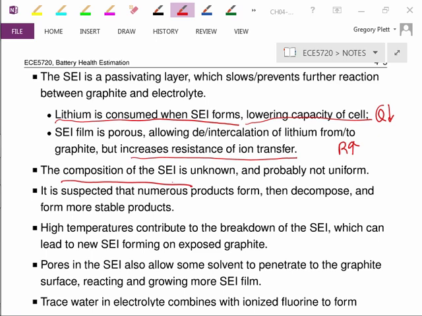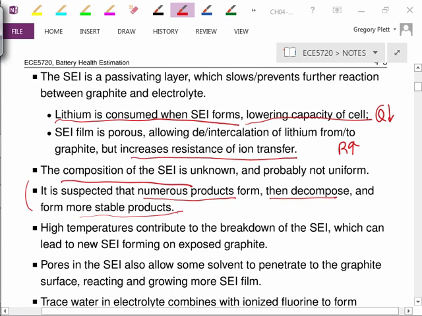It seems that there's evidence that first there's some initial products that form, and then those products are not terribly stable themselves, and they tend to deteriorate, so they decompose, and then more stable products are formed. So it's like A goes to B goes to C, kind of a process.